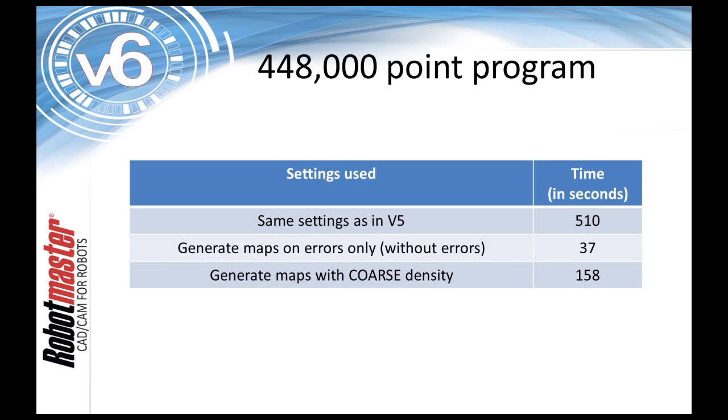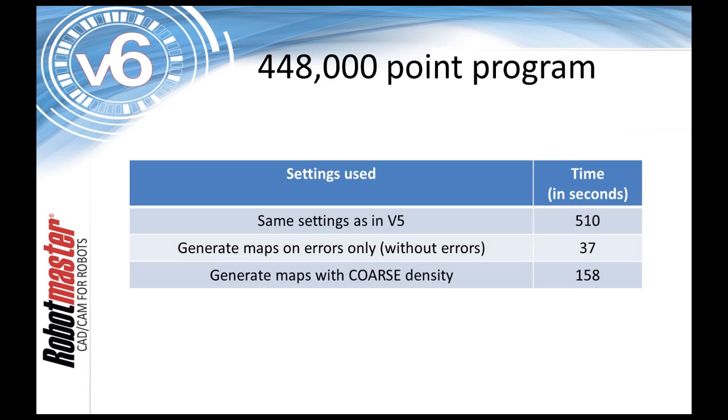We took a 448,000 point file, so almost a 500,000 point file, and we used V5, or the same settings as in V5, without any of these new performance enhancements. And we got an optimization with maps being calculated at about 510 seconds. That's a little bit over 8 minutes.